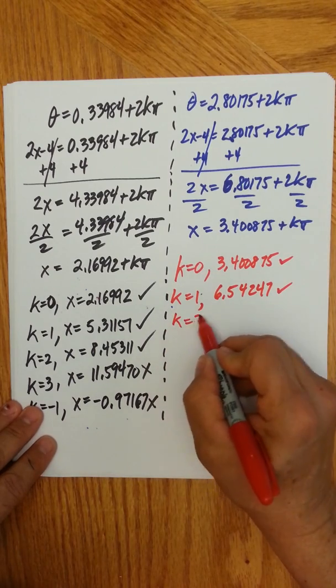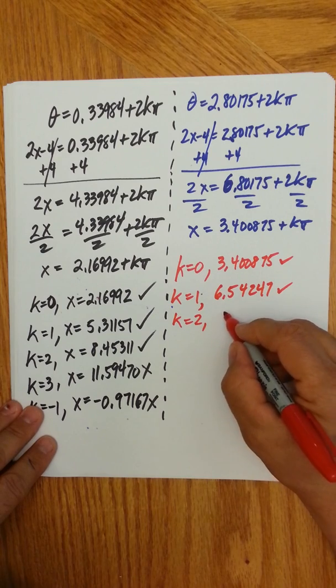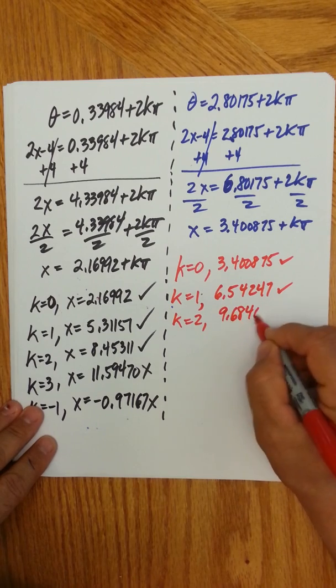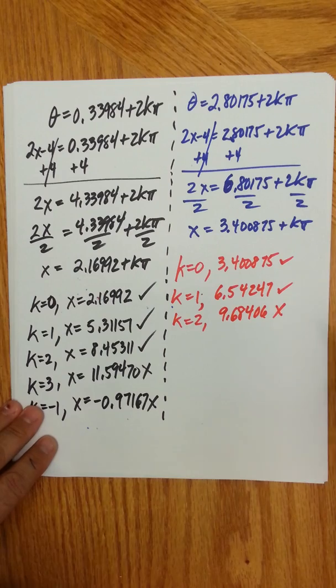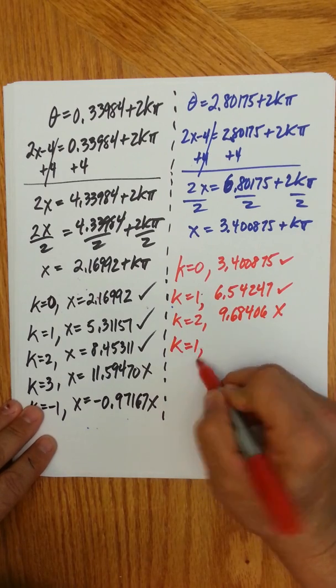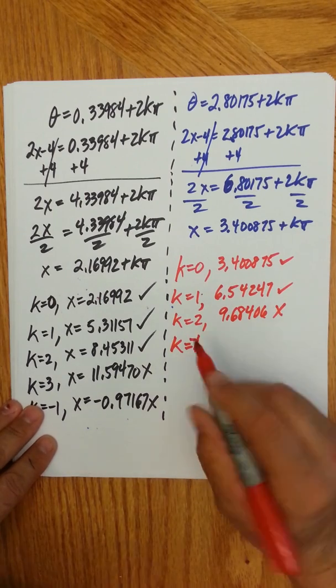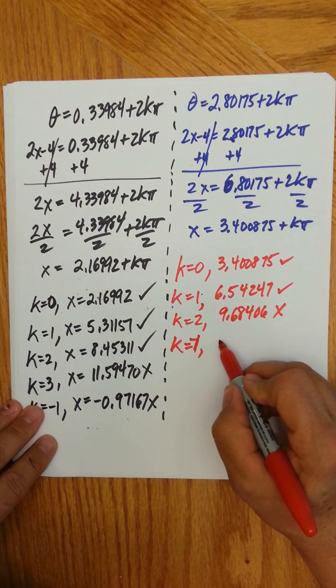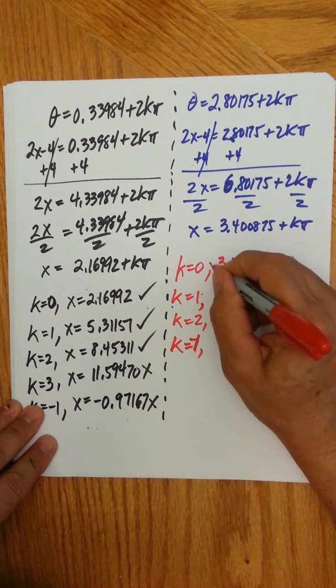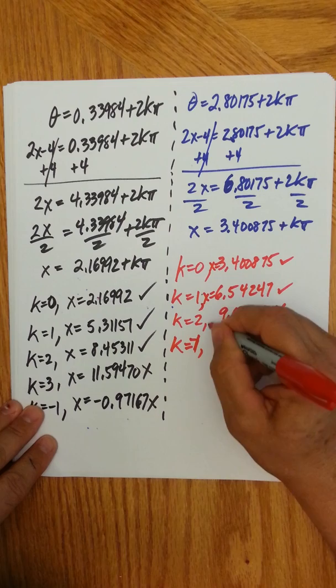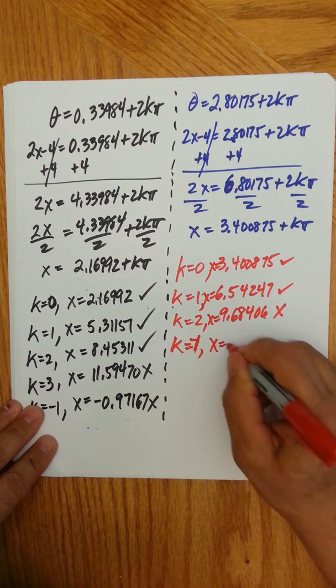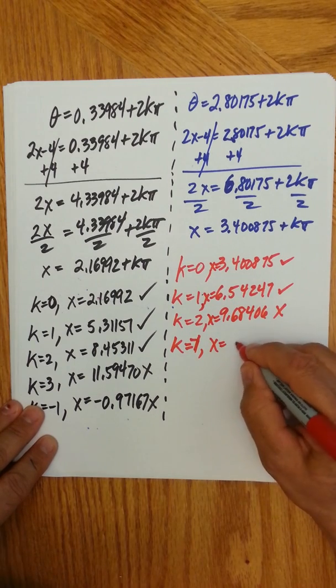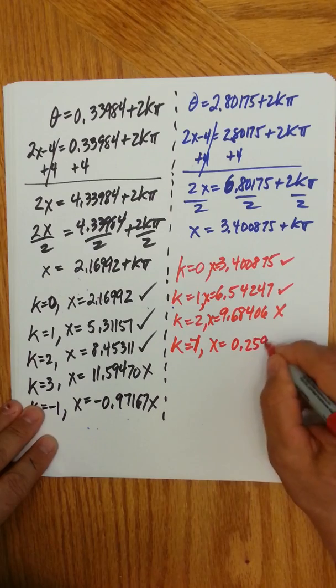If k equals 2, I get 9.68406. That's already past what I want. Now we'll try the negative k's, like negative 1. And we'll get x equals 0.25928.